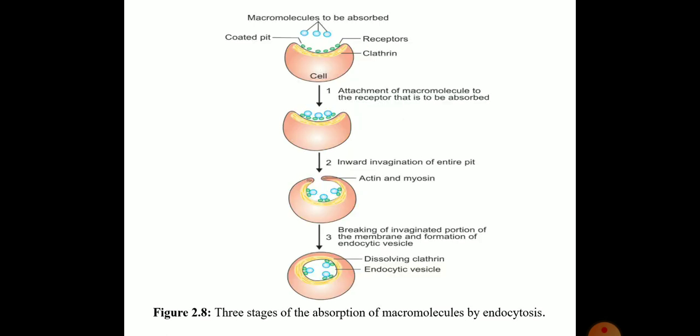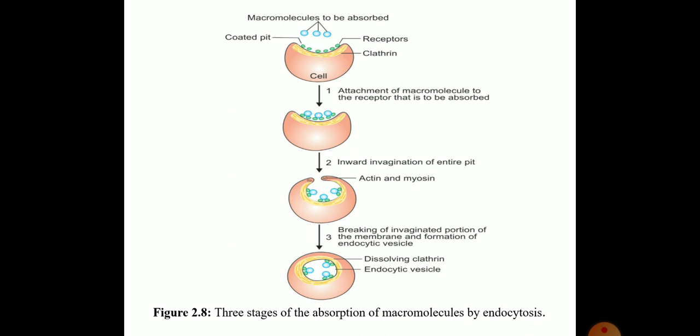And this is the example for clathrin mediated endocytosis. The clathrin have receptors which are specific for some specific macromolecules. When the specific macromolecules come in contact with these receptors, they get attached to these receptors.